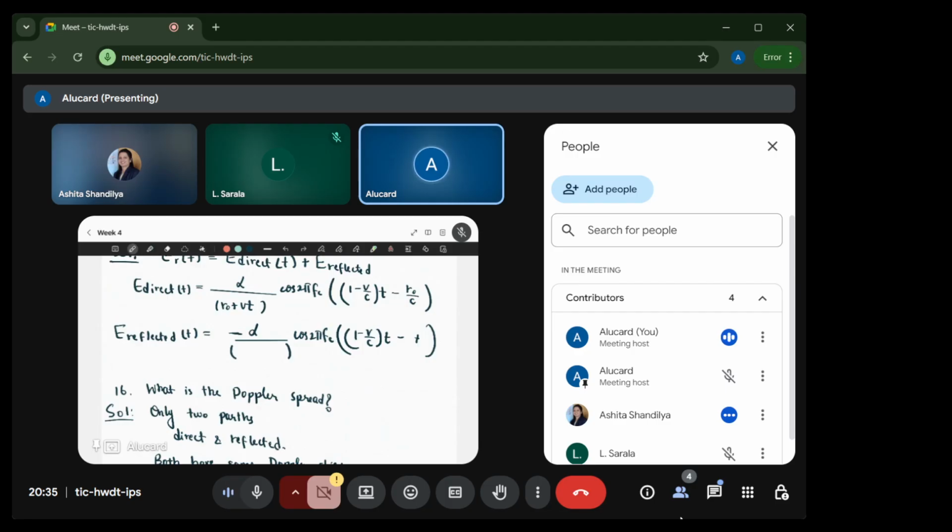Since it's a cosine function, it will repeat after every 2 pi angle.